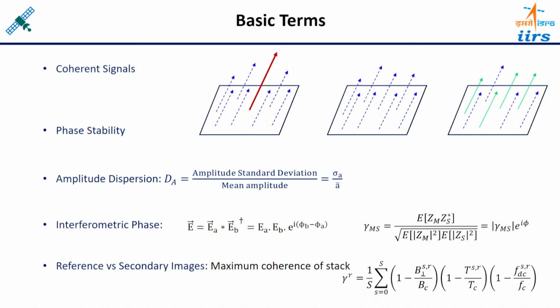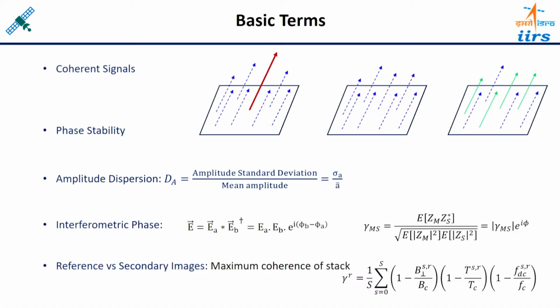So the point is, if 2 images are given to you, how do you select which one is the reference image and which one is the secondary image? The selection of the reference image is also not very simple. It is based on a calculation, where we have to calculate the coherence level. Suppose I am giving you 3 images.